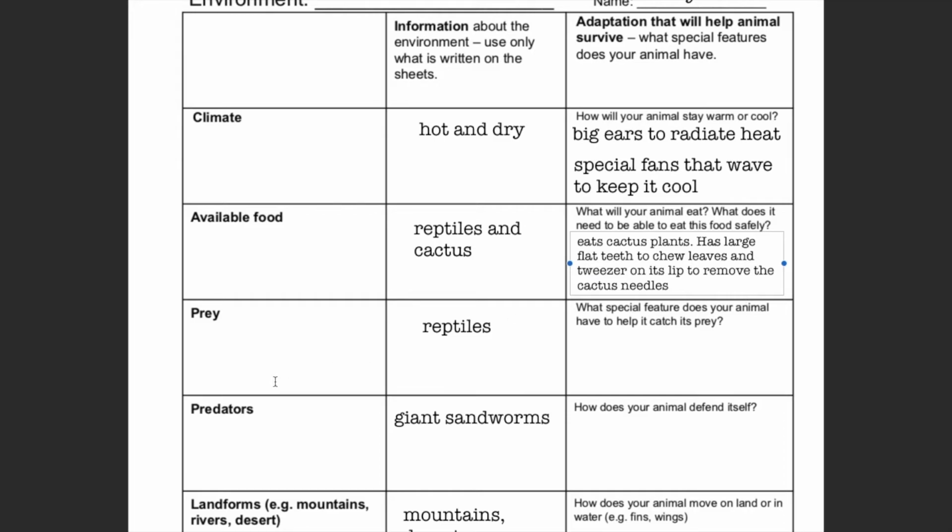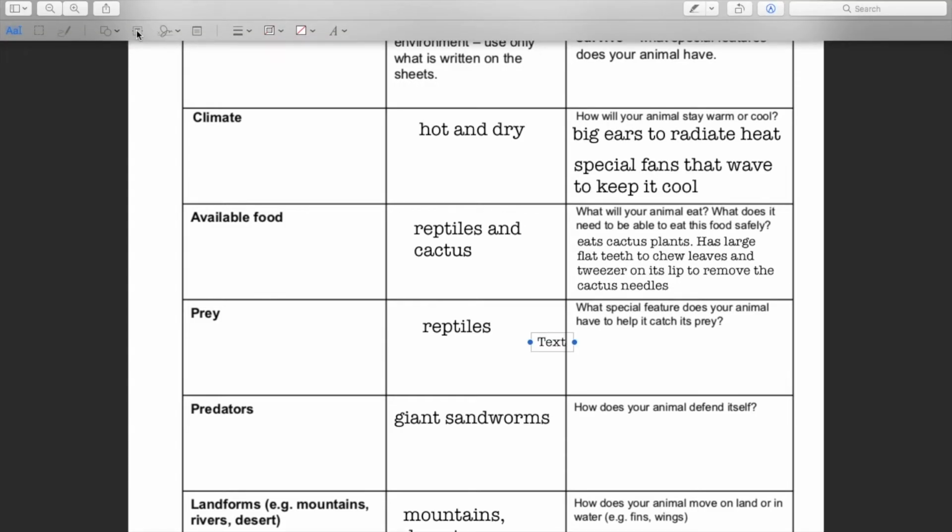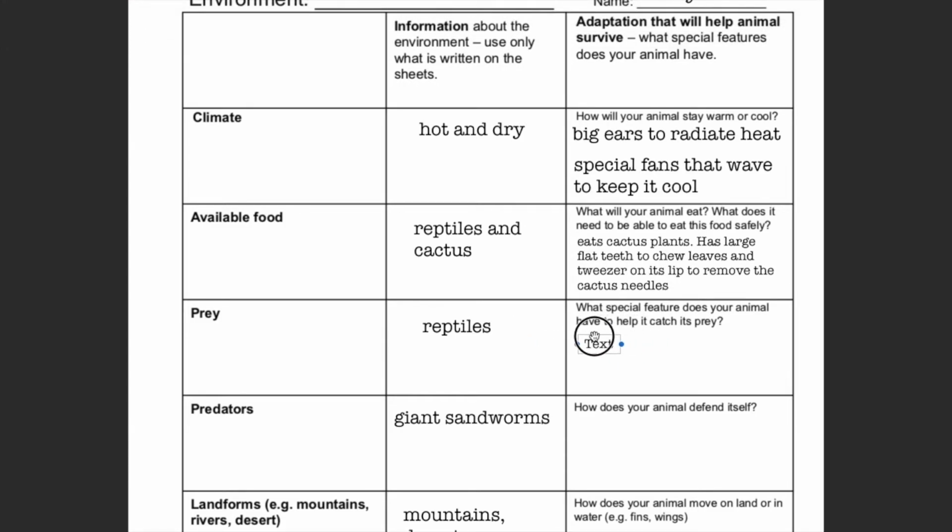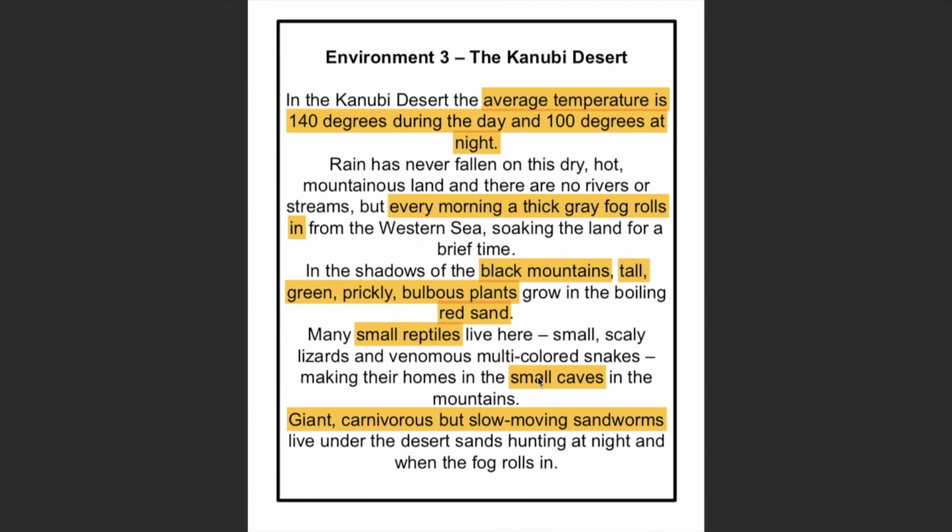Next, for prey. Our prey are these reptiles. So what special features does our animal have to help it catch its prey? So if our animal is going to catch some reptiles, it probably doesn't want the reptiles knowing that it's being hunted by our animal. So I'm going to give it a cool little feature of camouflage. So we know that when we were looking at our passage, we know that the sand is red.